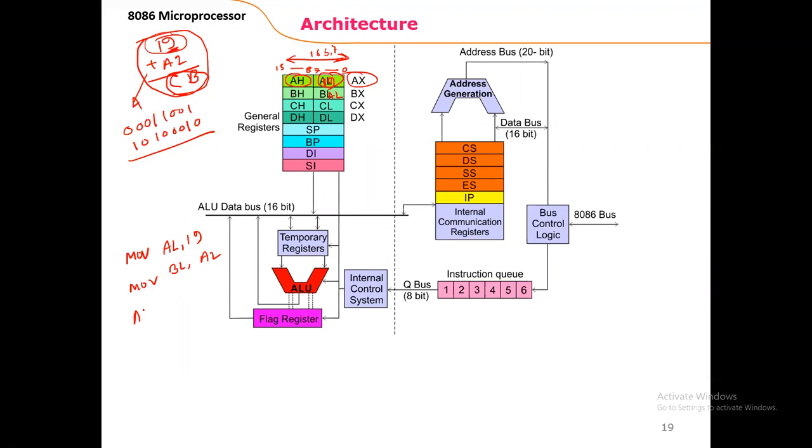Now ADD AL, BL. This is the addition: first A2 and 19 are added, then the result is transferred to AL. The final data is transferred to the left side, so your data is changed. The result is in this position. And now your program is finished. This is called halt, HLT. So this is your assembly language addition program.